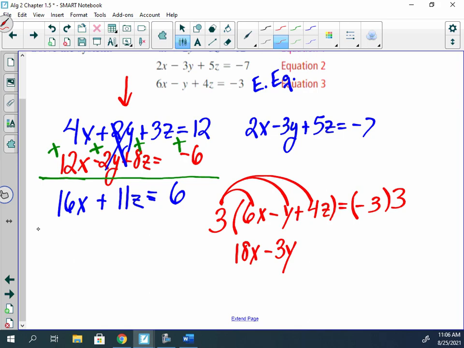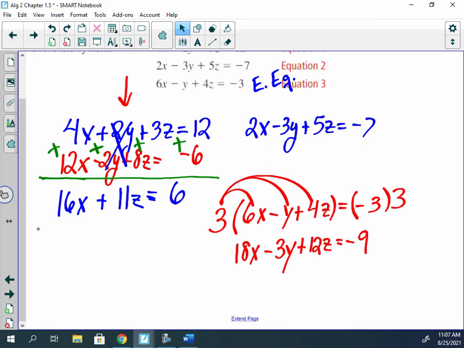And 3 times 4z is going to be plus 12z. Equals negative 9. So we're going to distribute through with that 3. Any questions on how we got this equation here? Are we good with this here? Yes. Okay.